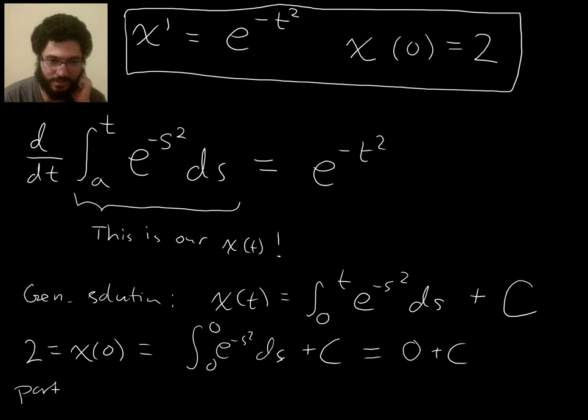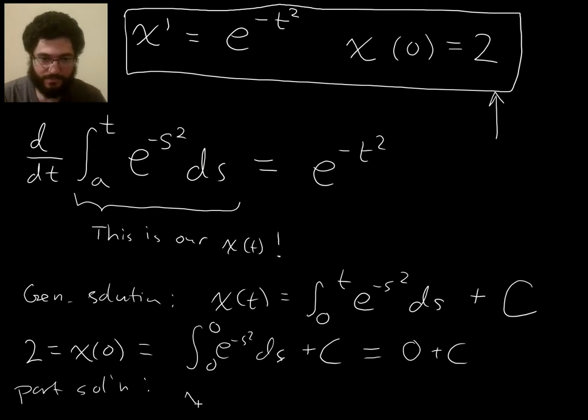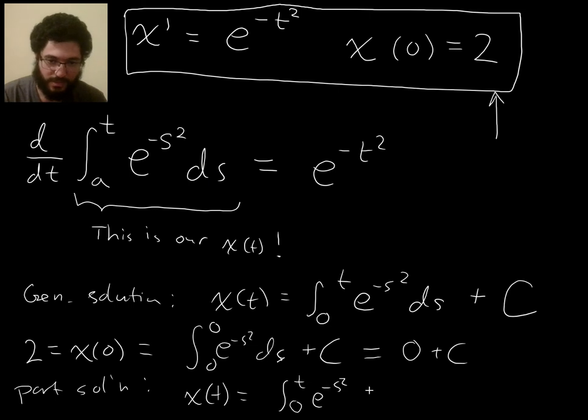So here's our particular solution, meaning it's the solution to this entire initial value problem, to the entire thing that's boxed in. It's the integral from 0 to t of e to the minus s squared ds plus 2. Great.